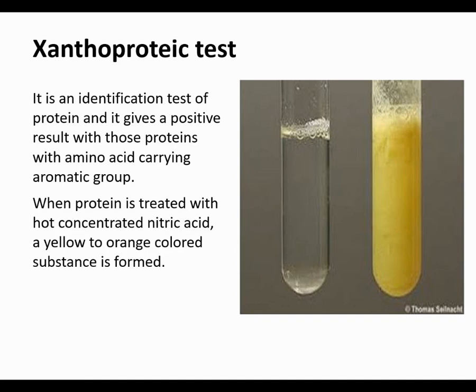It usually gives a positive result for proteins that contain tyrosine and tryptophan. So here, even after heating, if that protein does not contain tyrosine and tryptophan, you're just gonna have a faint yellow color, but it's not going to form this kind of coagulation, or substance.